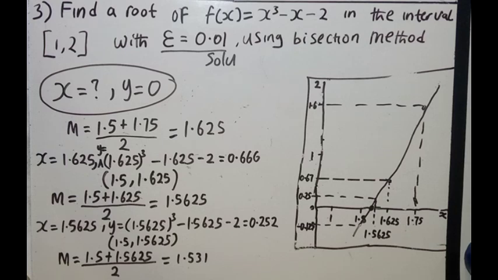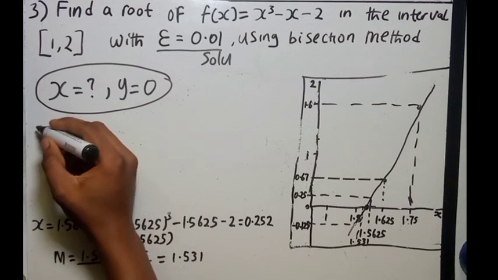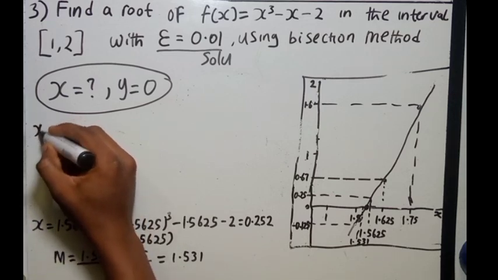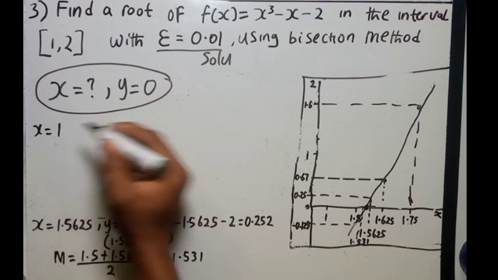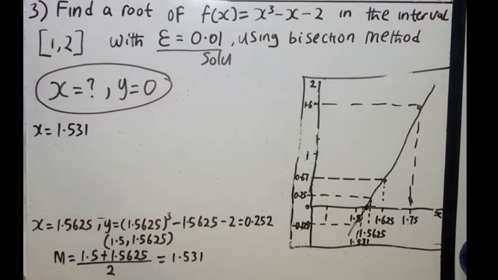So in between this should lie our 1.531. Now we'll ask ourselves, what is the value of y when x is 1.531?